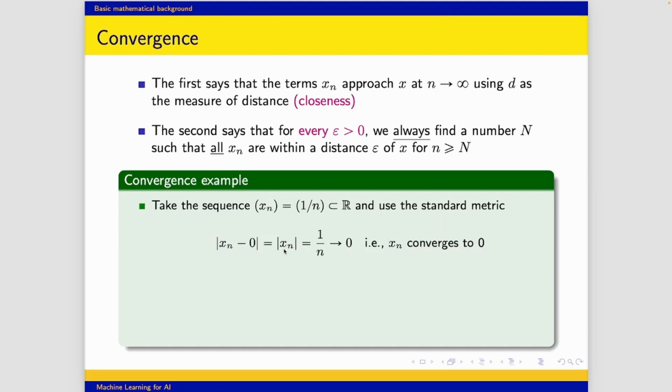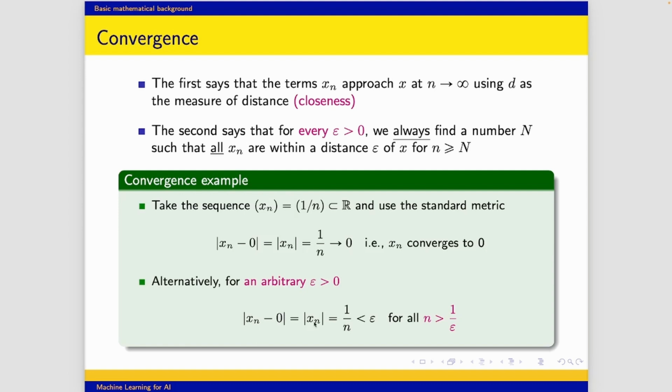Now, alternatively, we can use the other definition, the epsilon definition. So according to the epsilon definition, if we pick an arbitrary positive epsilon, all of these terms xn, for all n greater than or equal to some value, are within a distance epsilon of our limit point 0.